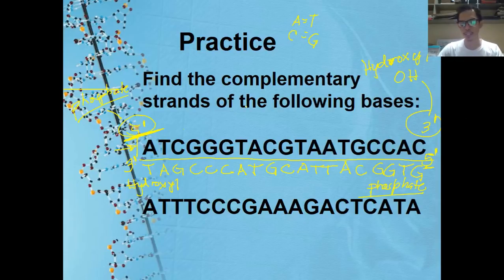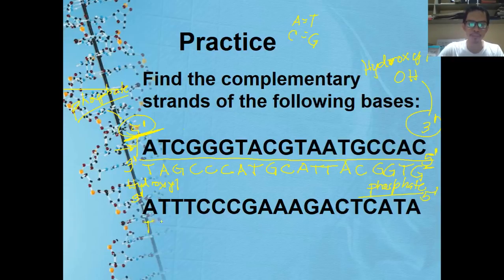Alright, so let's try another set of strand. If you want to try, you can pause this video and try it out first before you view the answer. For example, we have here 3 prime on this side and 5 prime on the other side. So let's work this one out.